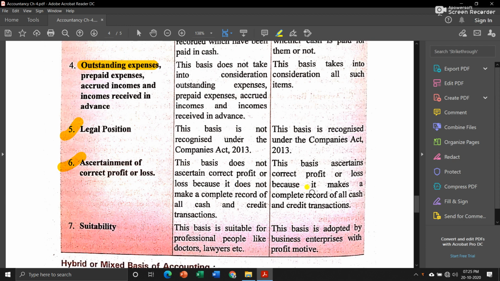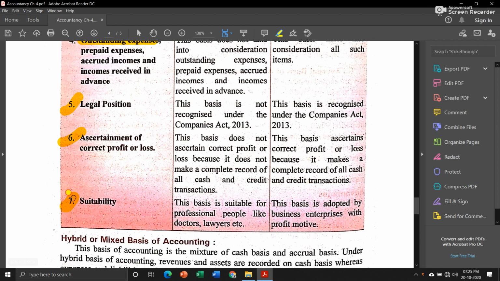But in accrual system, it gives us a more accurate amount of profit or loss, because they record all credit as well as cash transactions. Then suitability. This cash basis is suitable for professional people like lawyers, doctors, chartered accountants, and all. But this accrual basis of system is suitable for business enterprises.